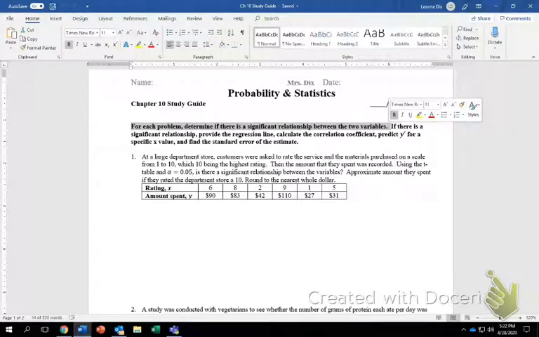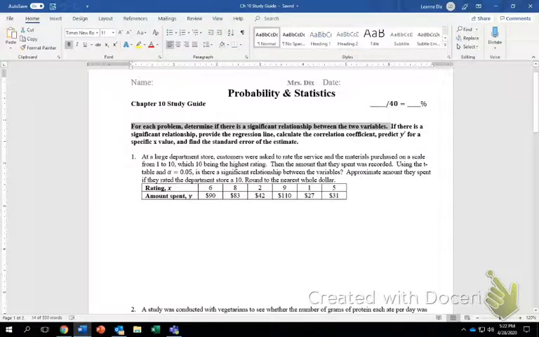And then we are also going to determine our critical values from the table that we use and our test value or our correlation coefficient. Those are the 3 things we need to use to determine if there is a significant relationship. So that's what I'm going to do.